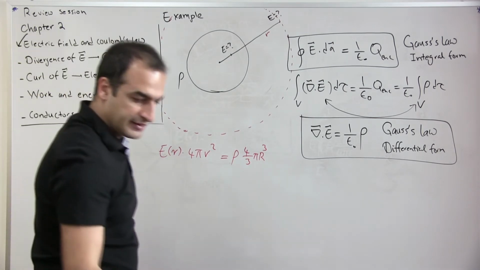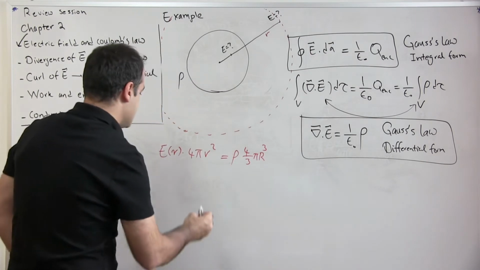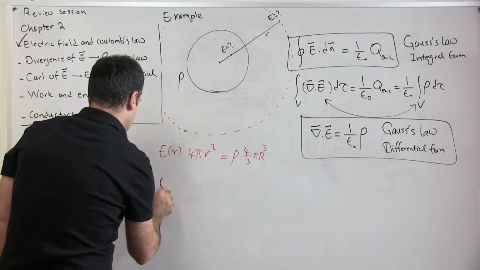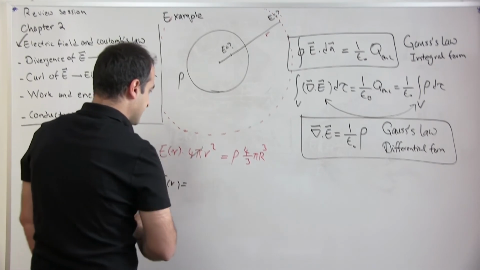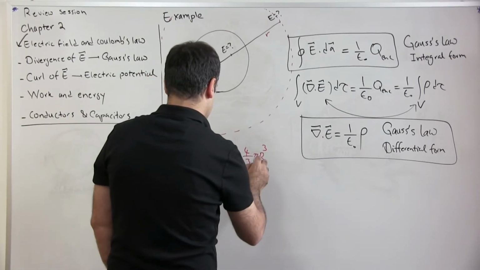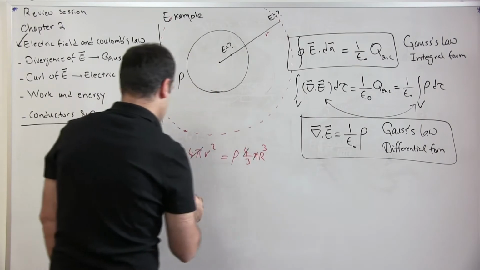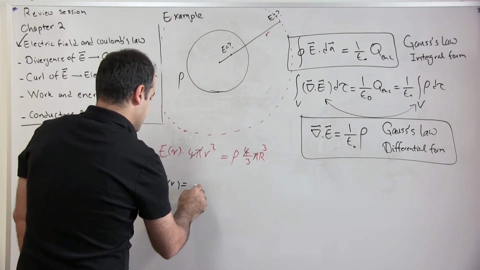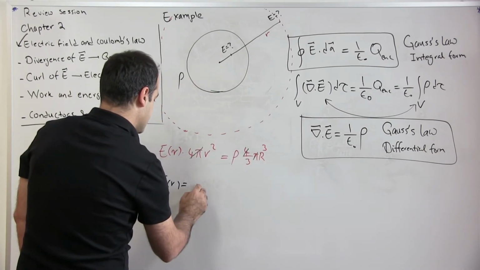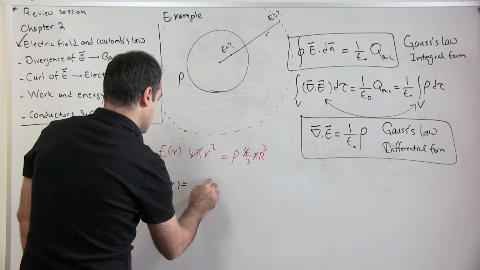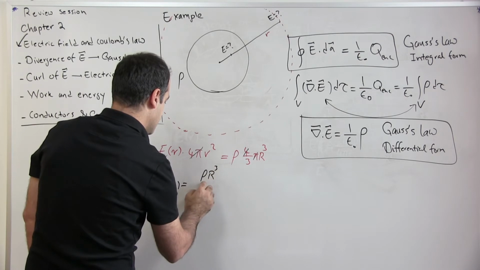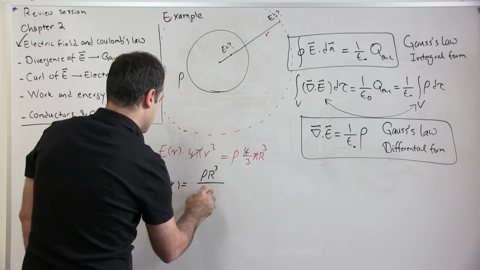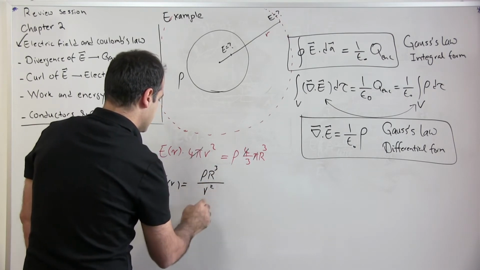So with approaches like this, you can easily find the magnitude of the electric field: the 4 pi cancels out, and the electric field becomes rho R cubed divided by r squared.